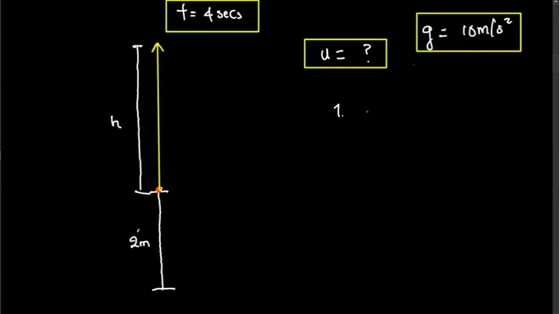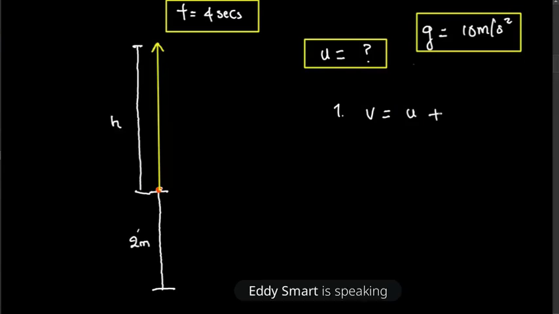The first one is V equals U plus AT. But in place of A, we're going to have G, because A is acceleration. So we are going to say GT.